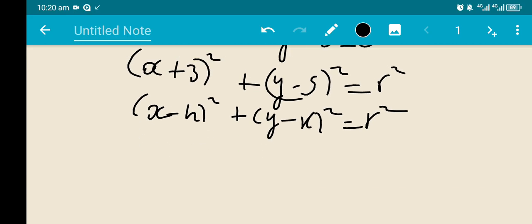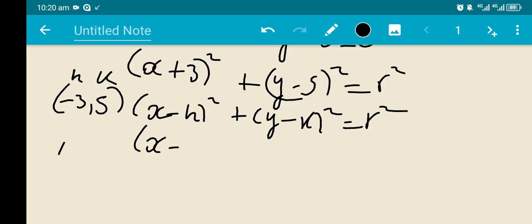The center, we've been told, is at x equal to negative 3 and y equal to positive 5. So this here is x, this here is y, this here is h, this here is k. So this will be x minus, what is our h? Our h is negative 3. This is just another method, but what's important is that you've understood instead of memorizing.